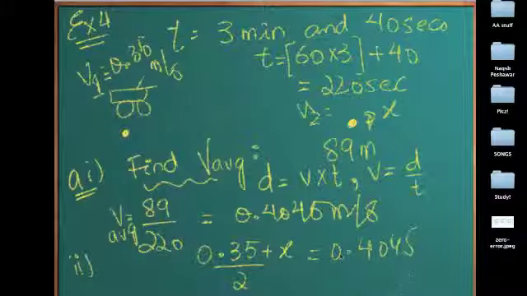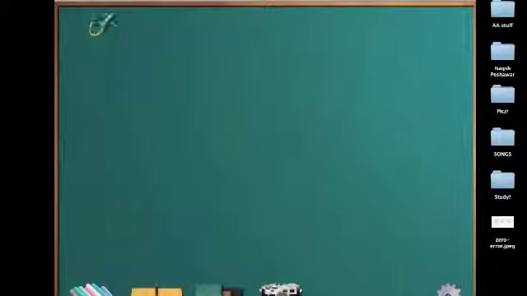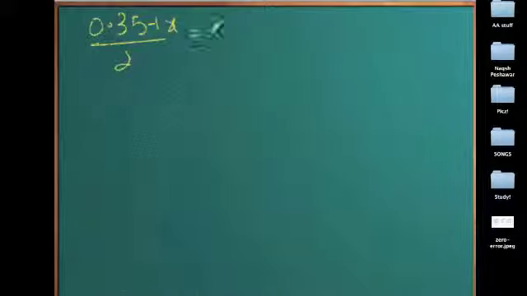So we'll take it here as 0.4045. Now simply multiply it with 2. This is basic multiplication and division. So this is our equation for now, 0.4045.